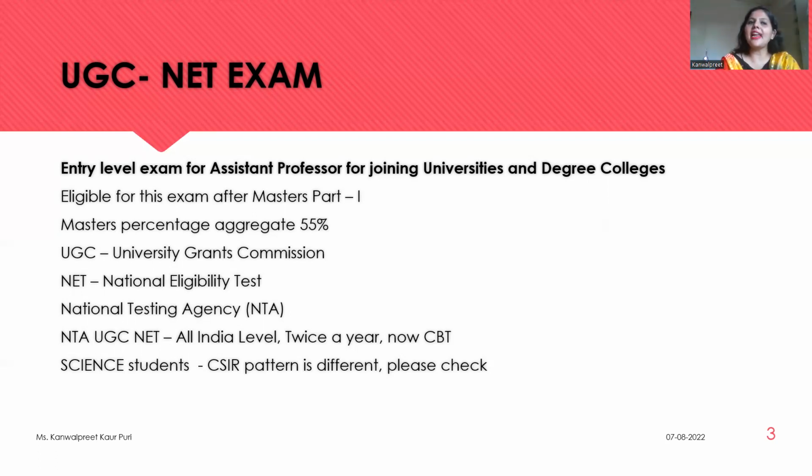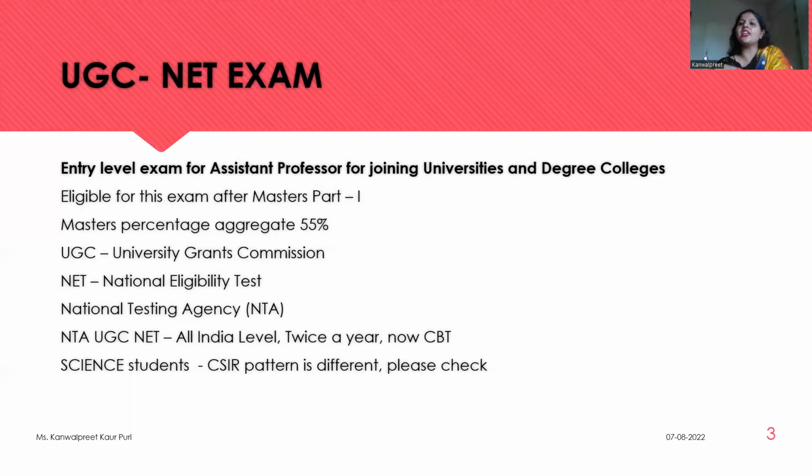This is an entry-level examination for assistant professors for joining universities and degree colleges. If you want to teach in any state or central university, or enter colleges as an assistant professor in degree colleges, you are supposed to clear this eligibility test.